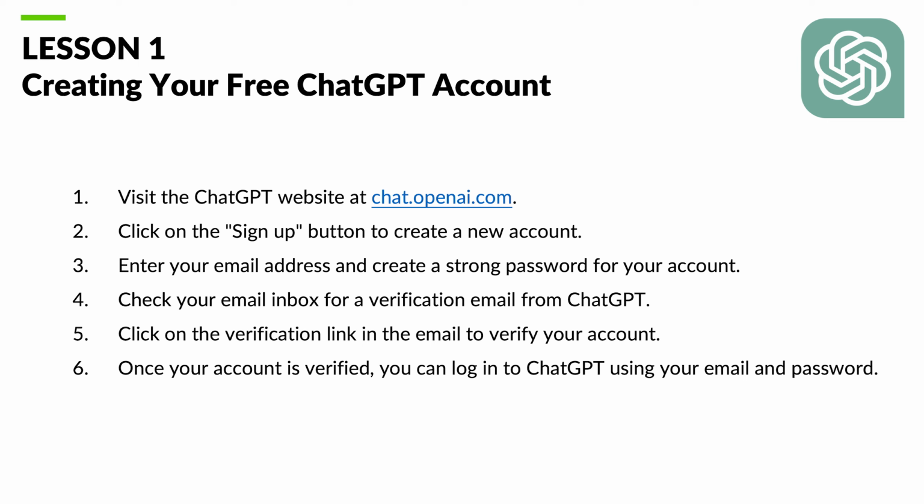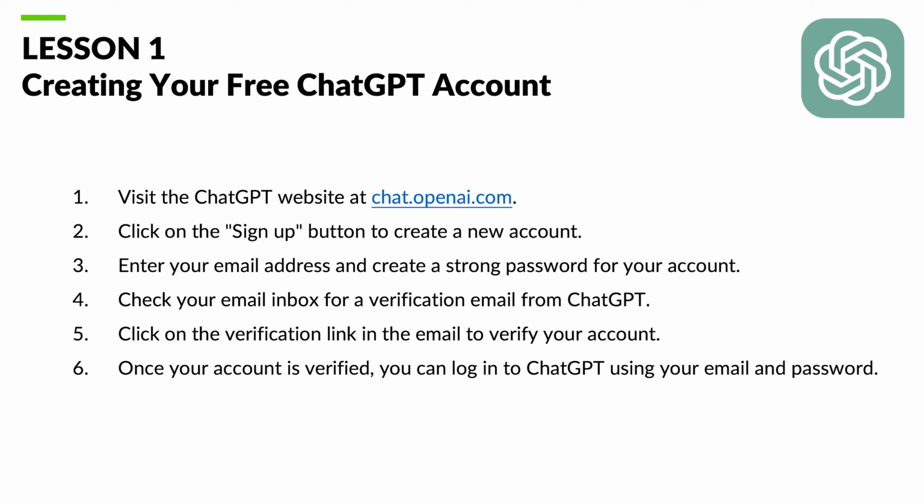Then ChatGPT is going to email a verification email, and you're going to click on the verification link to verify your email. And once your account is verified, you can go back and log in to ChatGPT using your email and password. Let's take a look at how that process works.